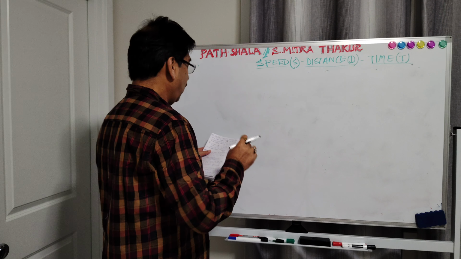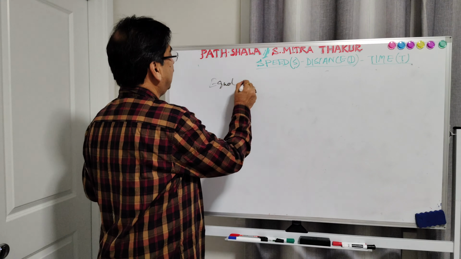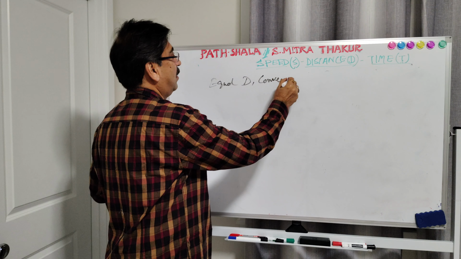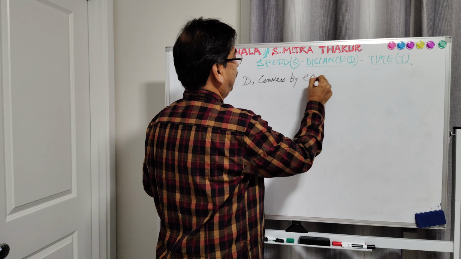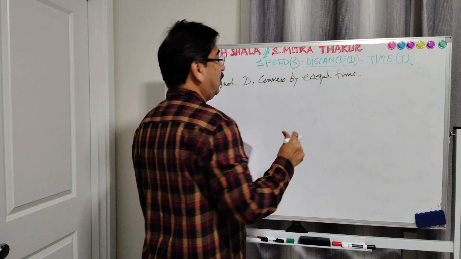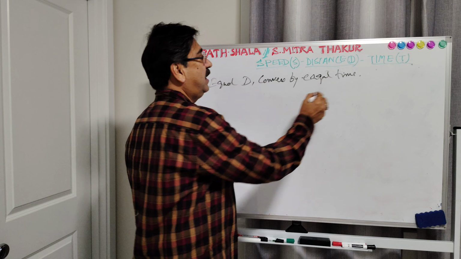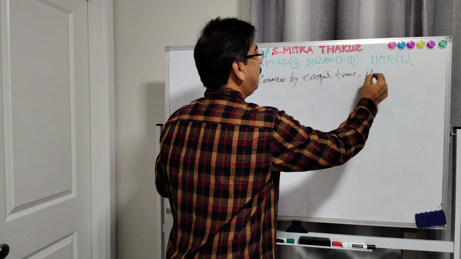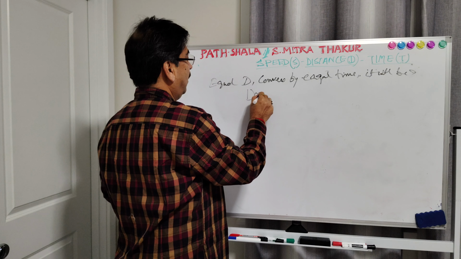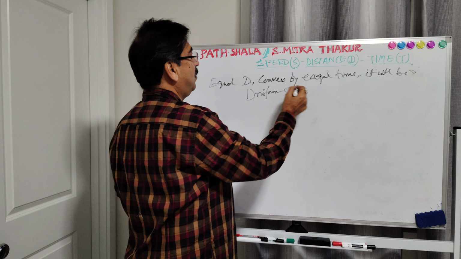If a body covers equal distance in equal time, equal distance covered by a car in equal time, then it will be uniform speed. That is called uniform speed.